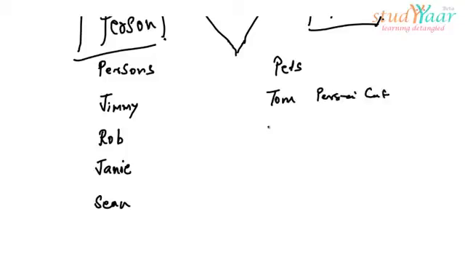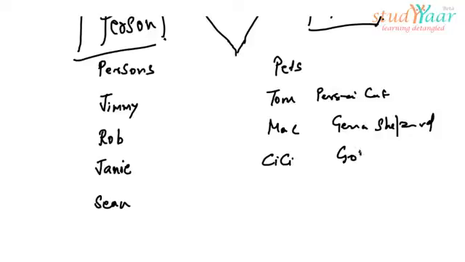Say we have Mac, which is a German Shepherd. Say we have Cece, which is a goldfish. And say we have Bruno, which is a boxer. Boxer is a dog.